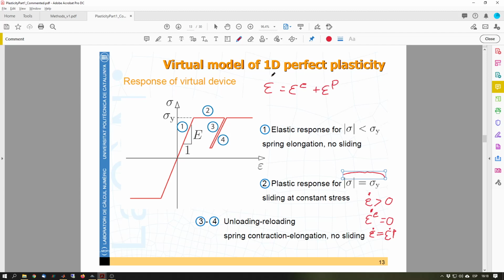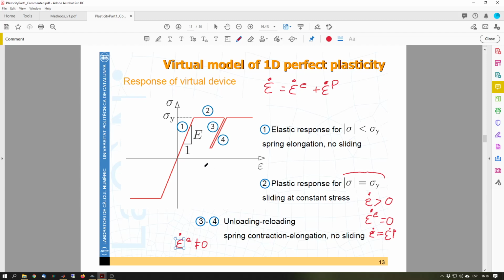This is true for the strains themselves and also for the rates, doing the time derivative. So if this is equal to 0, then any increment along this path is only due to the plastic strains. While we are on that branch, 3 and 4, we may have that my elastic strains are different from 0. We will see what's happening with the plastic strains on that branch.